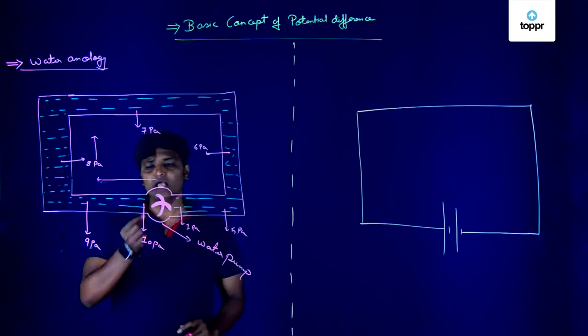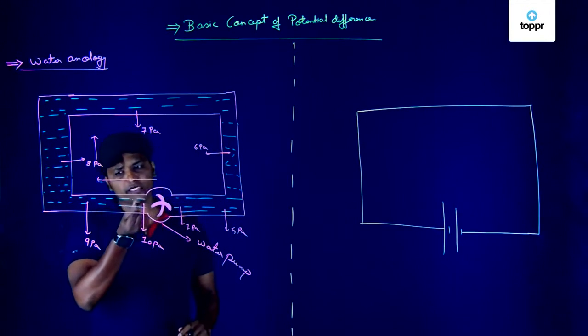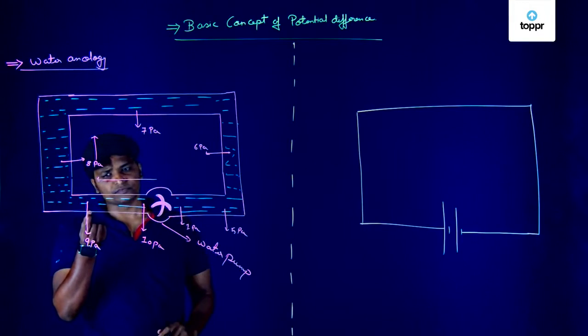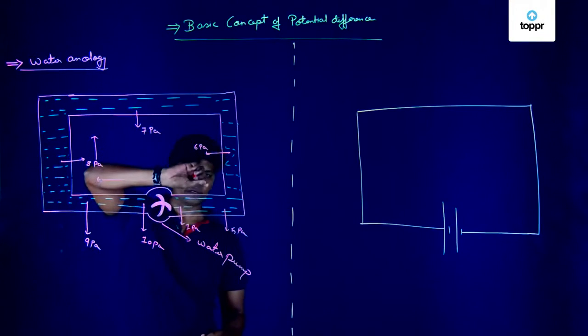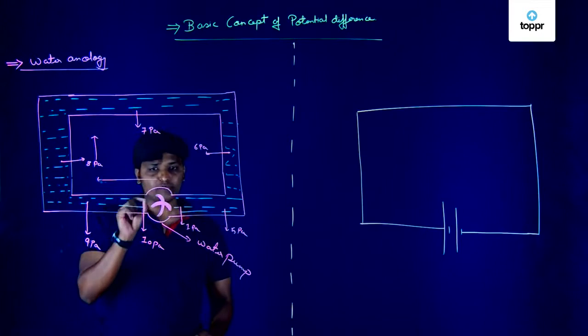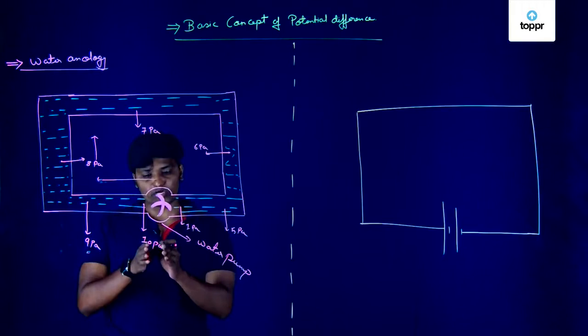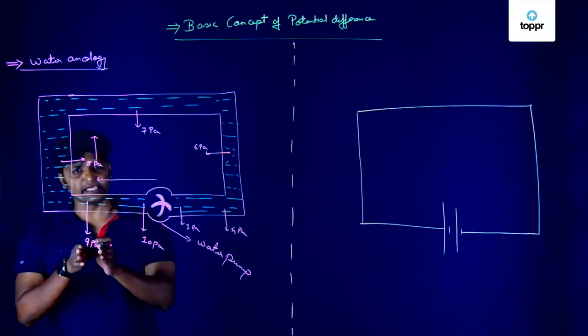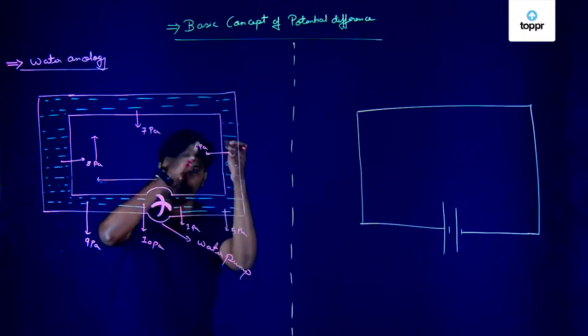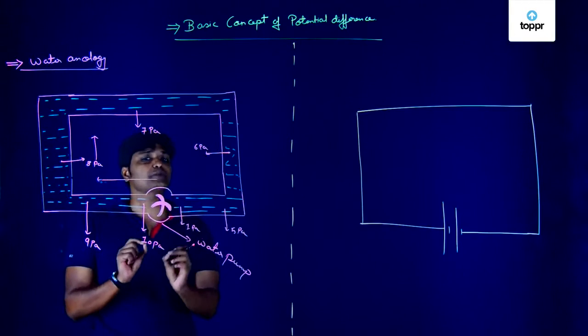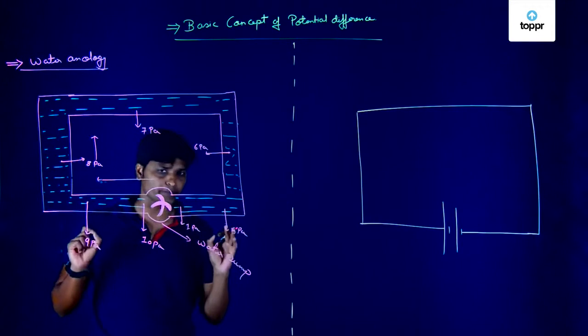So what is happening? As and when the water is moving across this pipe, we are realizing that the pressure on the water is continuously dropping. That's the reason why there is a difference in the pressure between any two points on this water pipe.